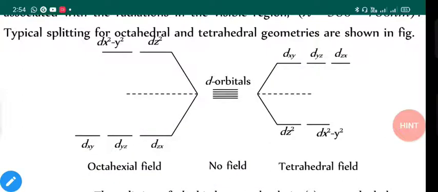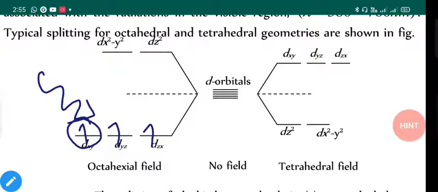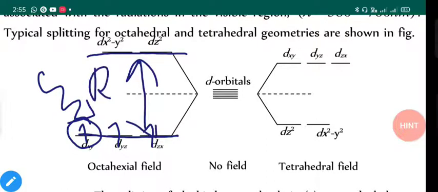Now if electrons are present in the between-the-axes orbitals, they can absorb energy from light radiation which falls in our visible light range. So they will absorb the specific energy from the given waves. Suppose we are applying white light, which has all the wavelengths, and the distance between these two energy levels requires only, let's say, red color to jump from lower to higher energy.